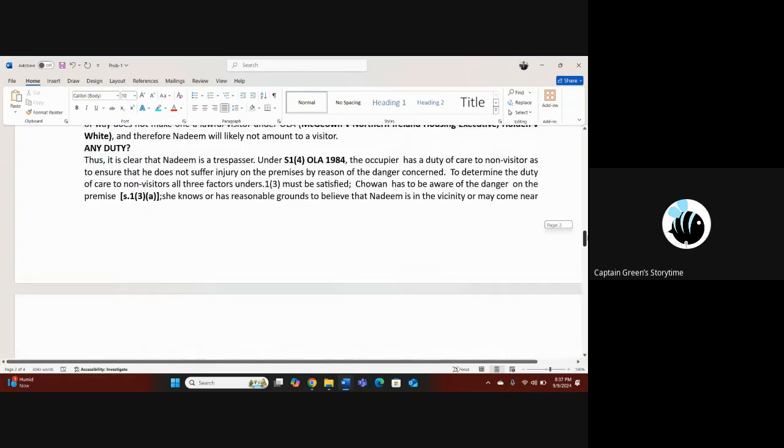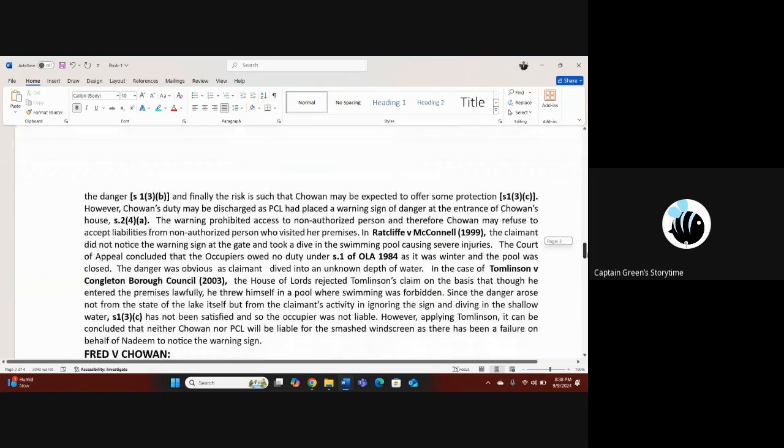Then we will look at whether there is any duty of Chauhan's towards a trespasser or not due to the property damage. Thus, it is clear that Nadeem is a trespasser. So, under Section 1, subsection 4 of OLA 1984, the occupier has a duty of care to non-visitors to ensure that they are not injured. However, in the present situation, there is no injury done to Nadeem.